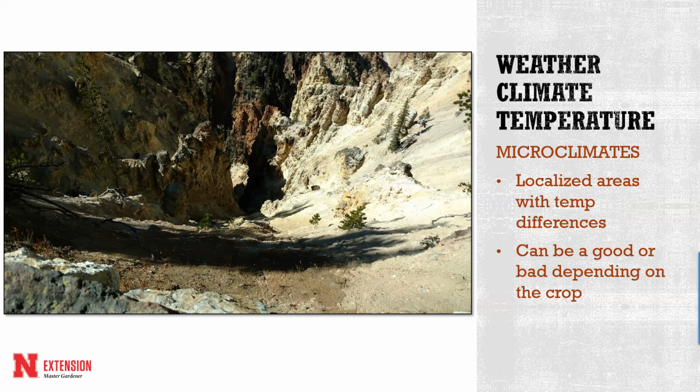So if you're looking at trying to grow that crepe myrtle that you just saw that you just can't live without, sometimes you can manipulate and have a microclimate to accommodate the condition of that plant. Or you may have a problem with the plant surviving, such as in a hell strip. So you have two sides of a small area that's surrounded by concrete.